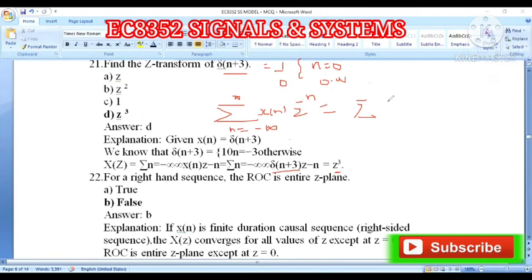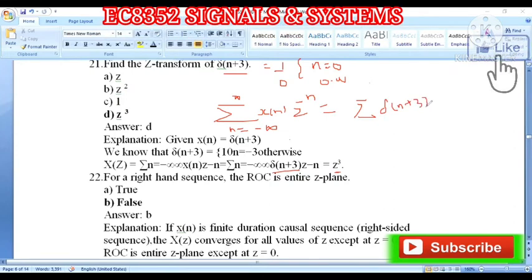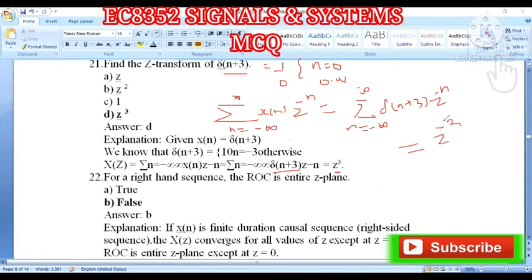When you substitute this into the summation of del of n plus 3 into Z power minus n, where n varies between minus infinity to plus infinity, your answer becomes Z to the power of minus of minus 3, that is Z to the power of 3. So option D is the correct one.